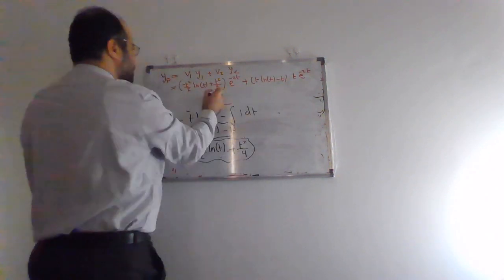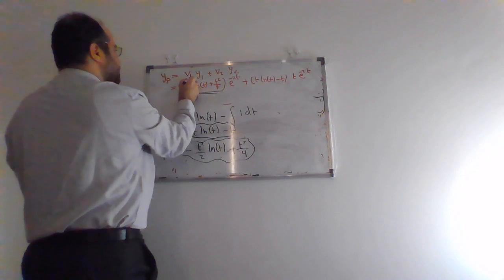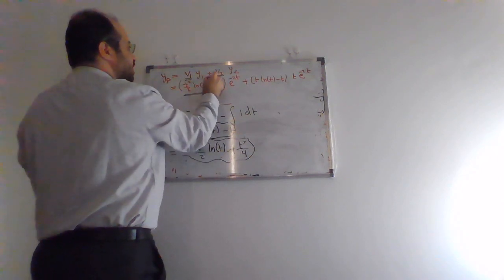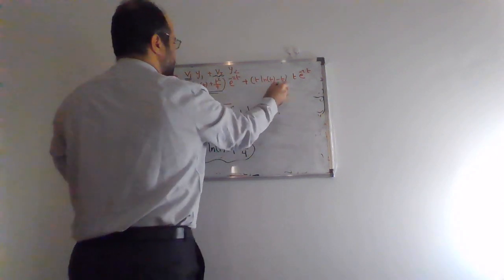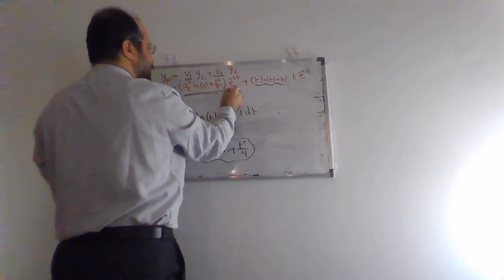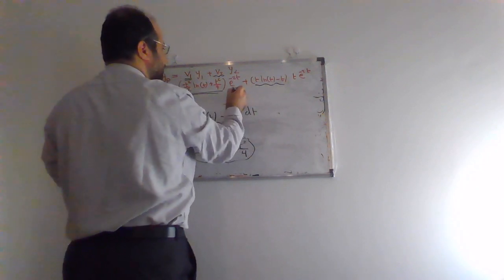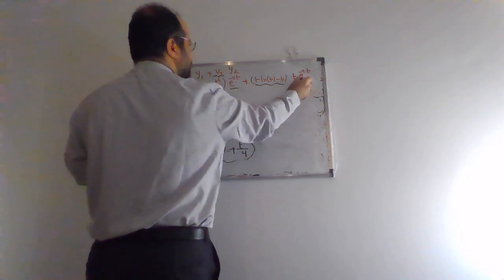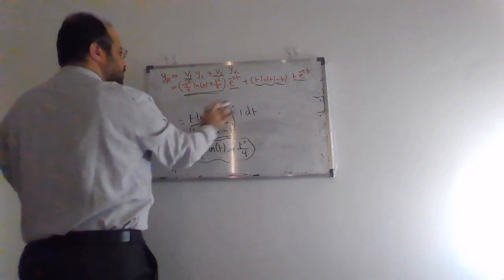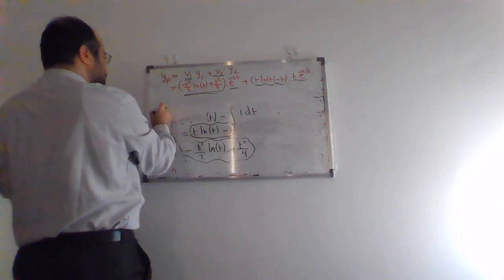So this guy here is that guy, and this thing here is y1, and y2, right?